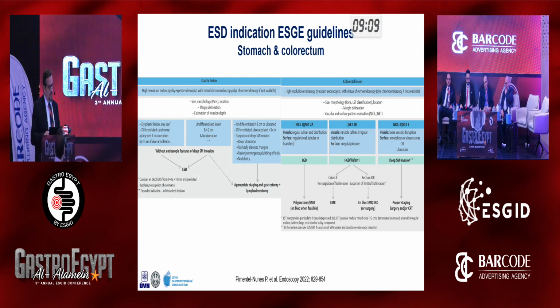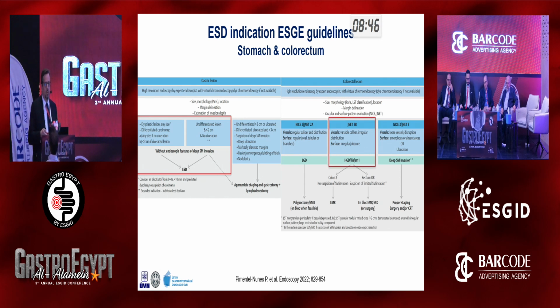Coming to the stomach, we see that there are two big groups. One is whether the biopsy shows a differentiated lesion or an undifferentiated one, like it's here. The other question is the size of the lesion and whether there is an ulcer.